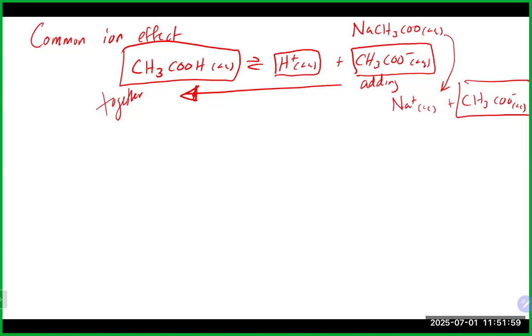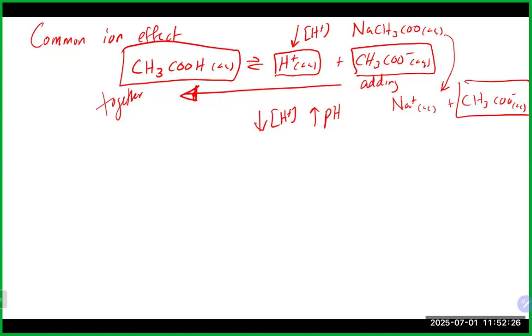Ultimately, that affects our concentration of H plus. Because it's going to shift to the left, we will see a decrease in the amount of H plus, and the result is we'll see a higher pH than we would if we had just a weak acid by itself. So we would expect that effect of the common ion.